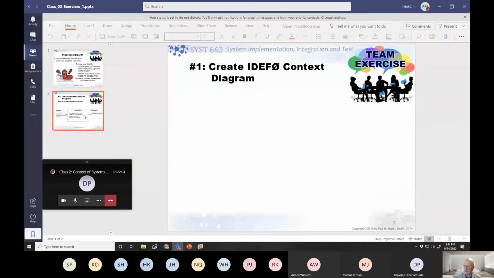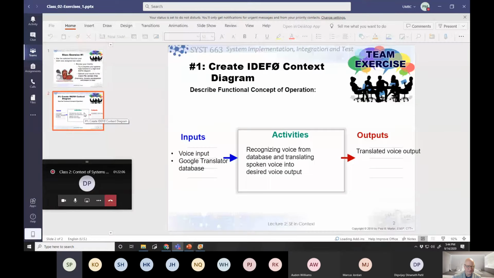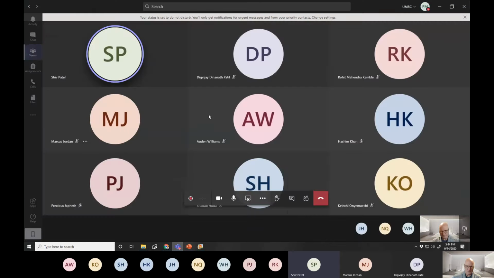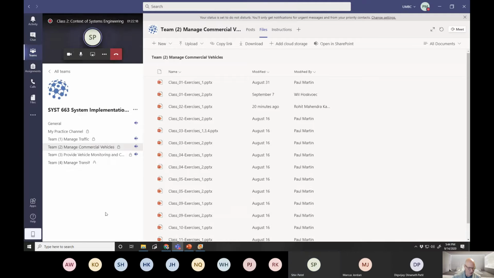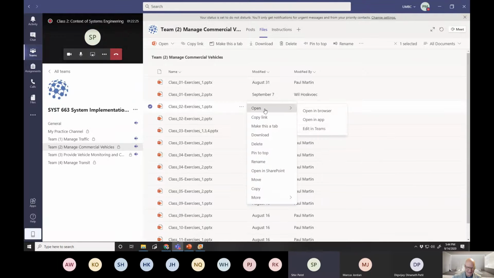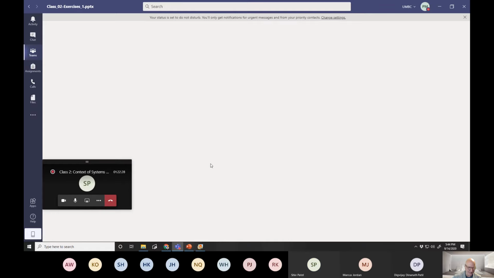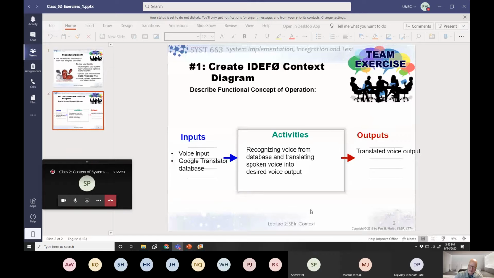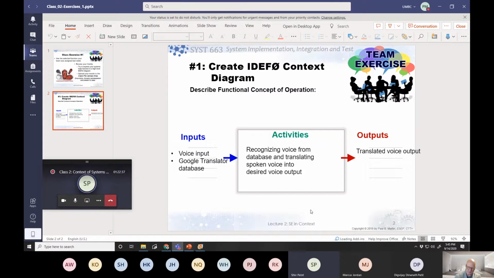All right. So for team 2, we have the translator. Our inputs are going to be the voice input and an outside source, which is the Google Translator database.